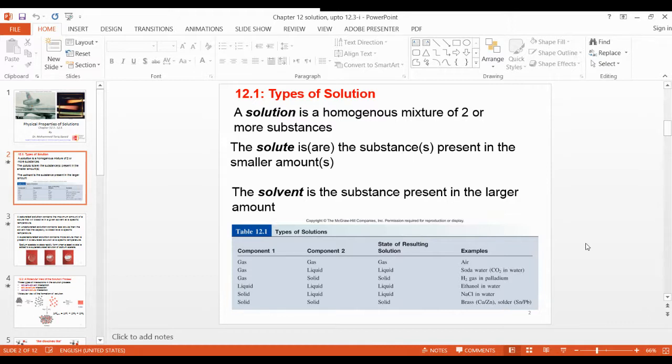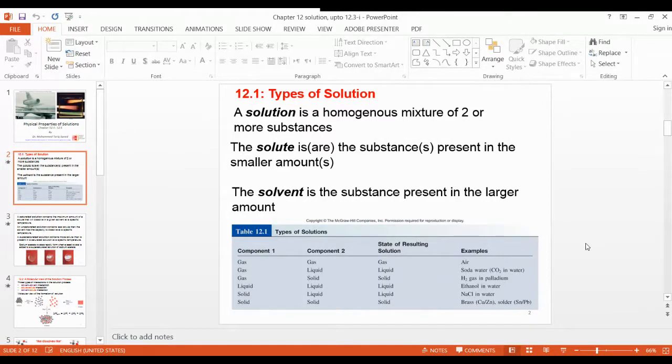Liquid. Suppose the solute is liquid, the solvent also liquid, and the solution will be liquid. Example, ethanol in water. Both are liquid, but ethanol will be less quantity and water will be high quantity. So component 1 is solute, component 2 is solvent. Solid, liquid, and the solution is liquid.